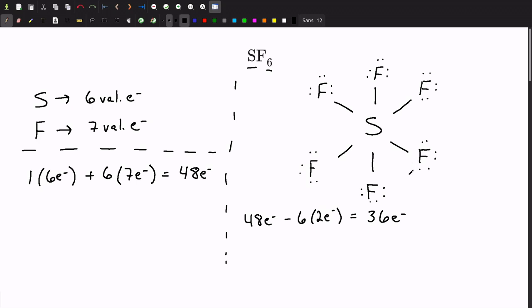Like that, and that's all of our 36 electrons. We've done all of them. We have full octets for fluorine. Sulfur has 1, 2, 3, 4, 5, 6, 7, 8, 9, 10, 11, 12, so this is a hypervalent compound.